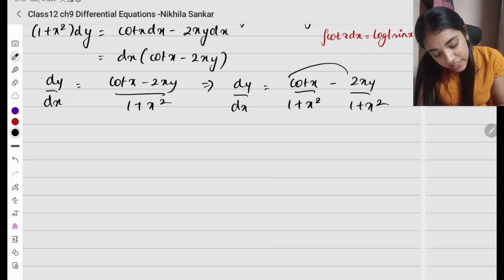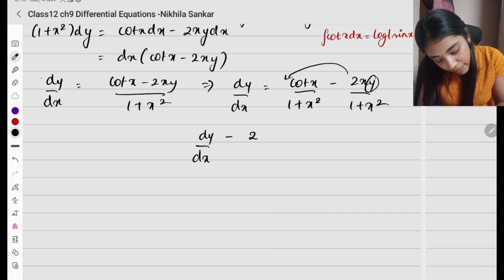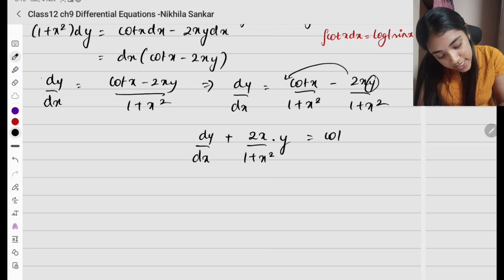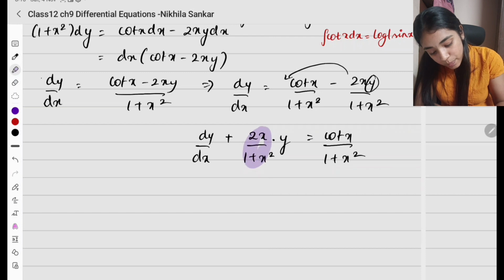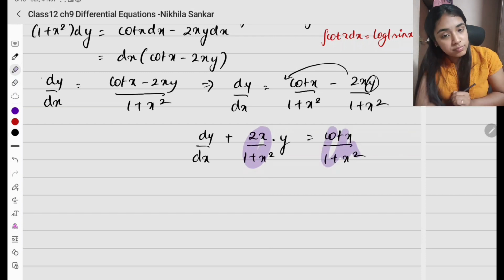Now taking this term to the right hand side, because this is the one that has y. If we do this, the minus becomes plus: dy by dx plus 2x divided by 1 plus x square into y equals cot x divided by 1 plus x square. Simple. This is the form dy by dx plus py equals q.